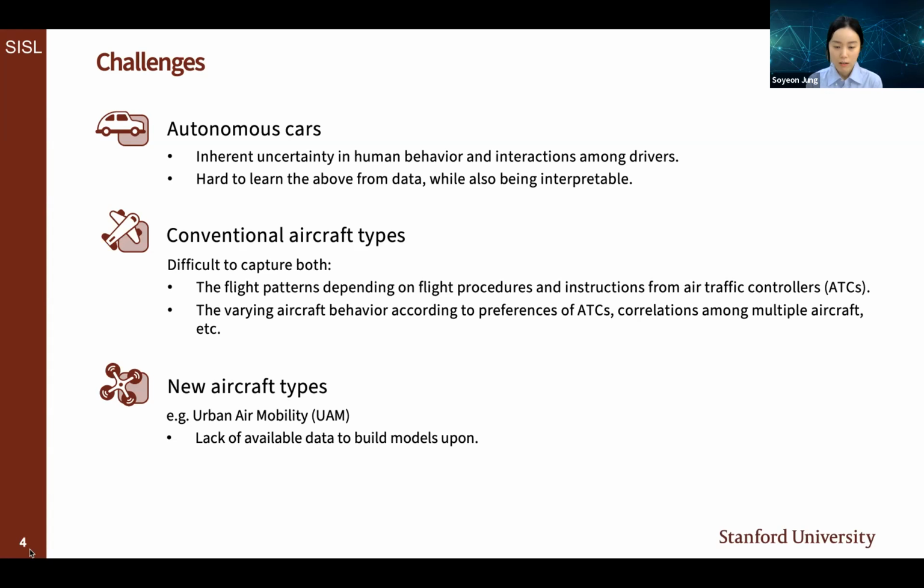We need a model that captures both the patterns and the variability in aircraft behavior. For new types of aircraft, such as urban air mobility, the major challenge is the lack of available data to build models upon.